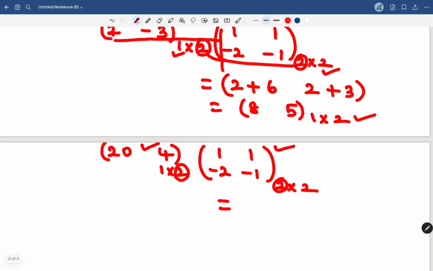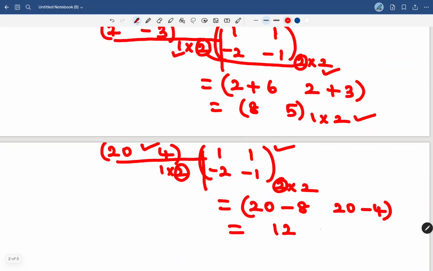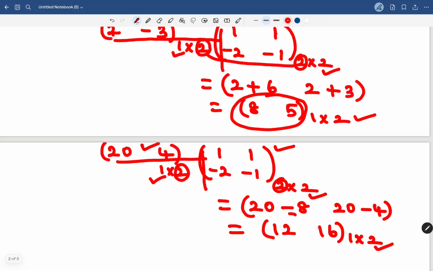First row, first column: 20 into 1 is 20, 4 into minus 2 is minus 8, giving 12. First row, second column: 20 into 1 is 20, 4 into minus 1 is minus 4, giving 16. The answer is 12, 16. This is 1 cross 2, correct. From the information 8, 5, 12, 16, get the message.